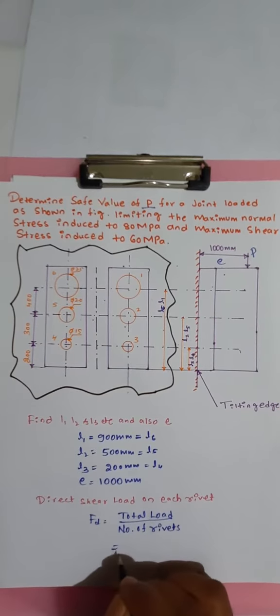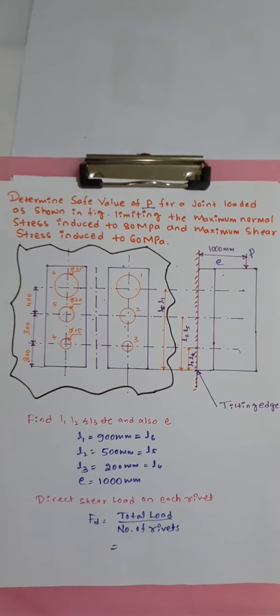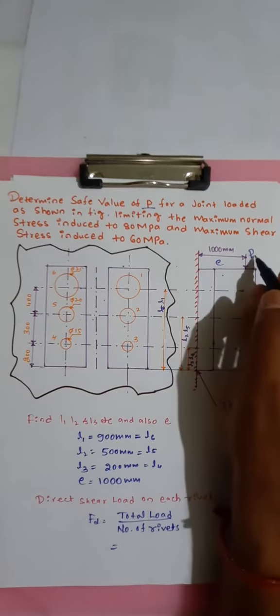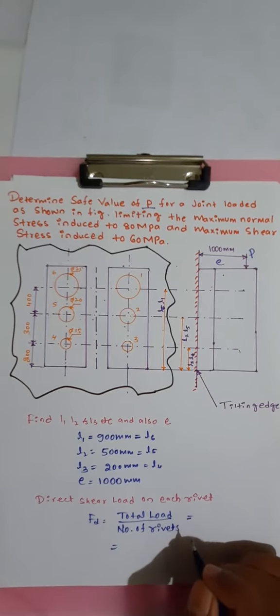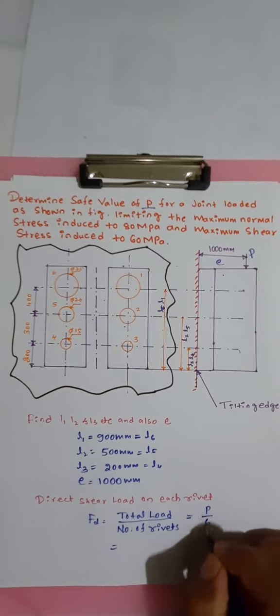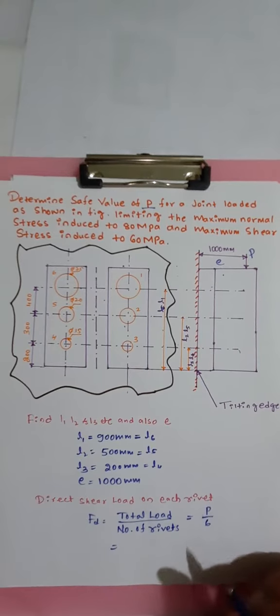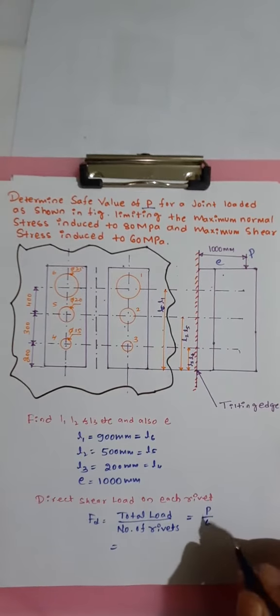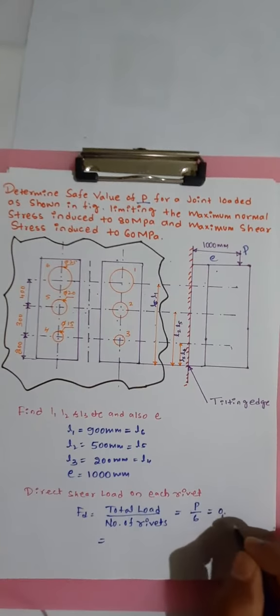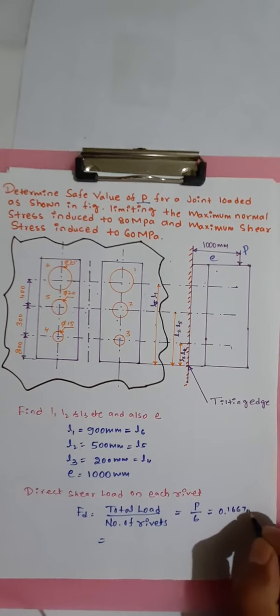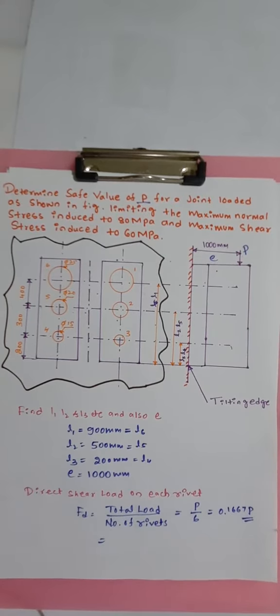We know the value of total load acting on this, which is called P. We need to determine the safe value of load P divided by 6. This is called the direct shear load. If you simplify that, we'll get 0.1667 P.